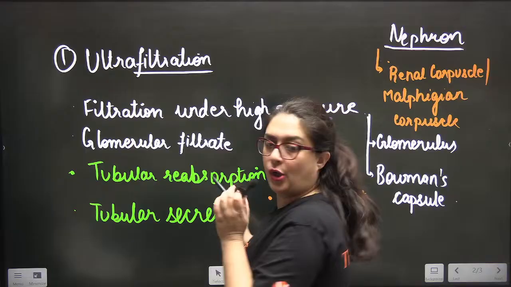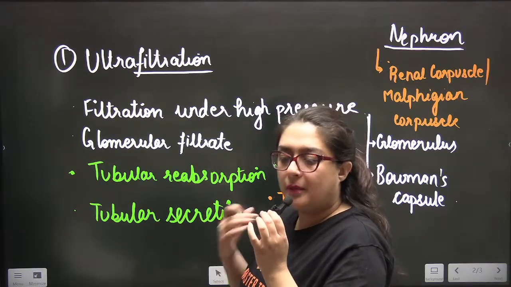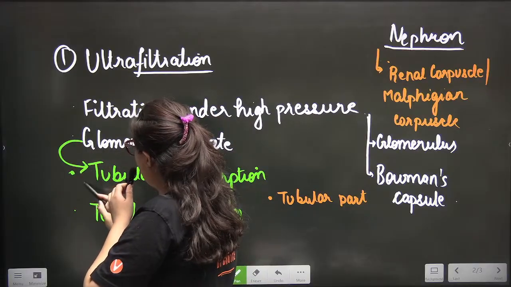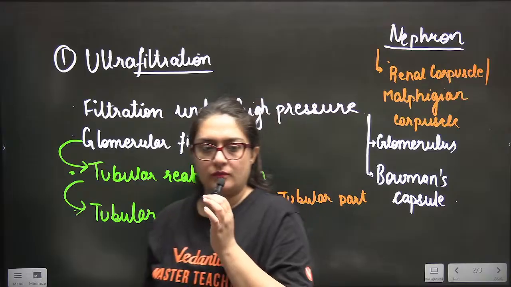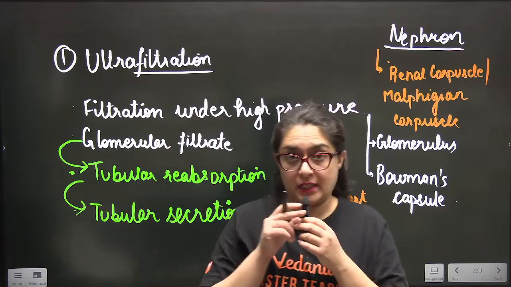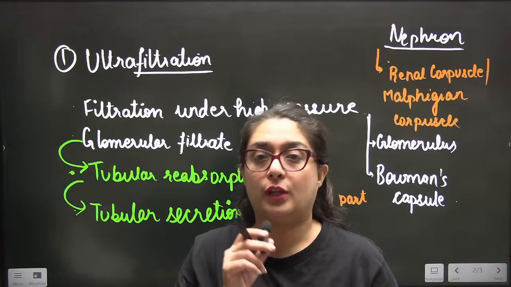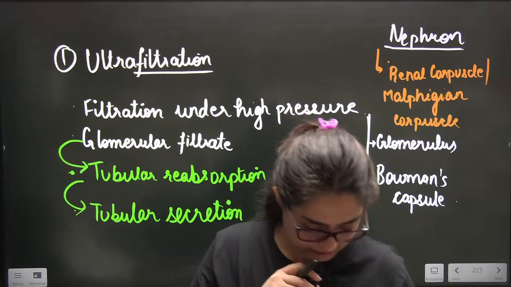Whatever the filtrate obtained is itself blood. So kidneys are for filtering the blood. So this filtrate will be transferred for tubular reabsorption, then tubular secretion. Now with what do they do that reabsorption and secretion? It is the peritubular capillary network.